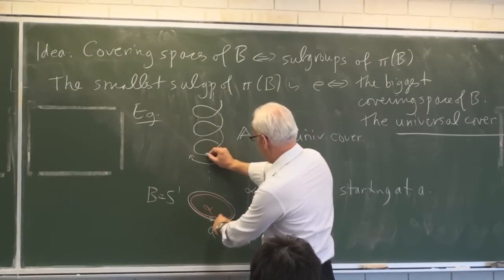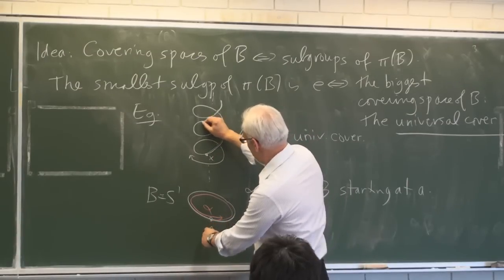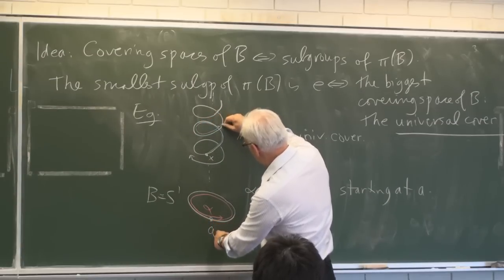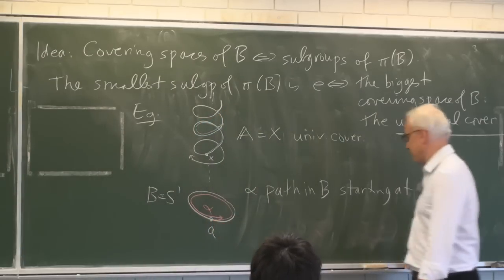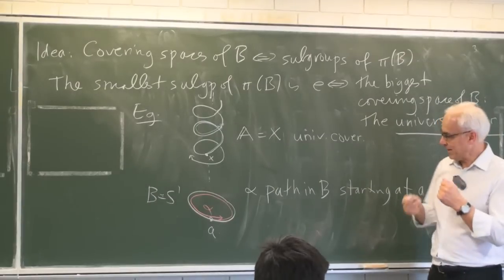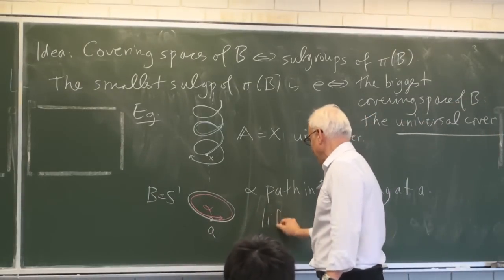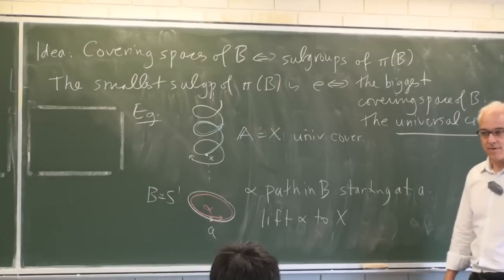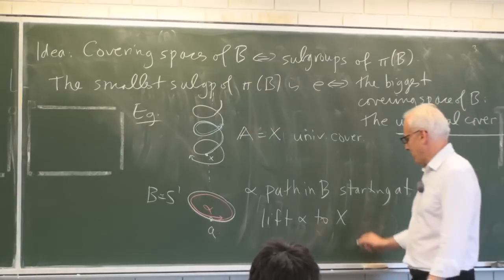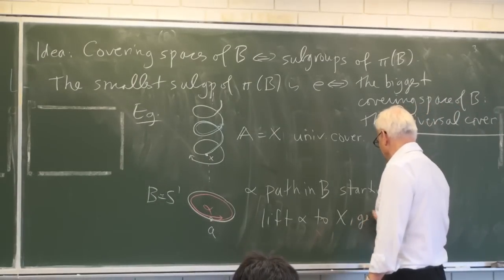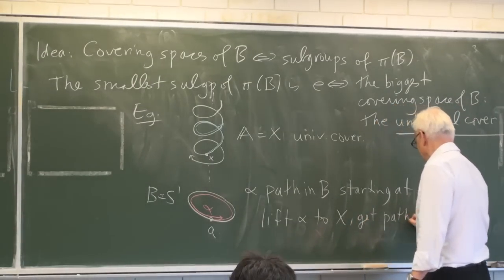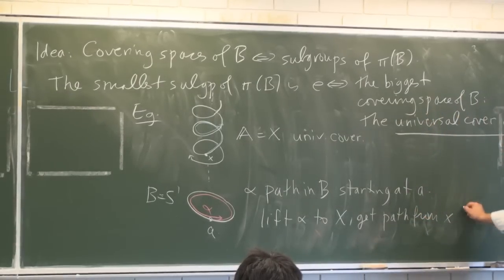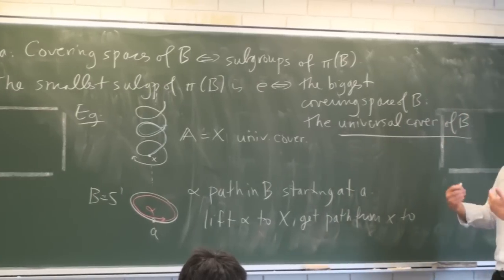Starting here, we're going in this direction, so we go around once, and then a little bit more. So maybe we're at that point there. So if we lift alpha to X, we get a path from X to some point.